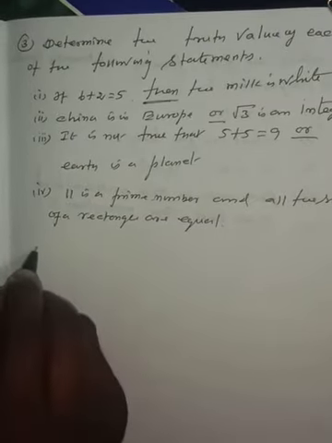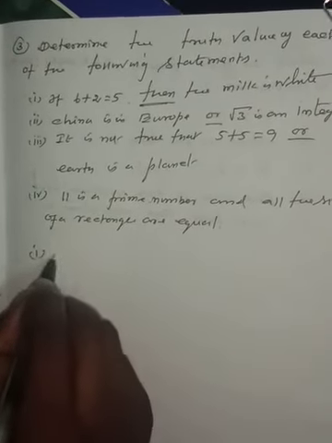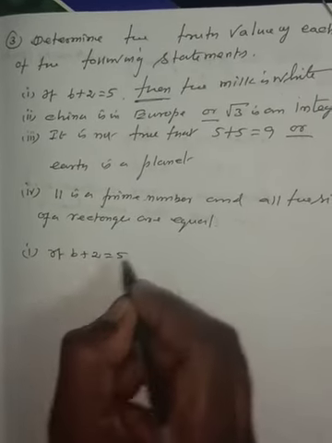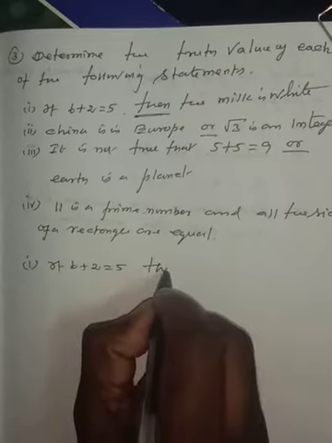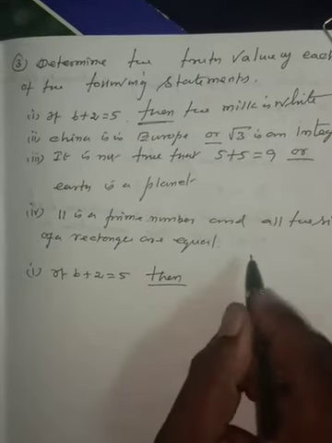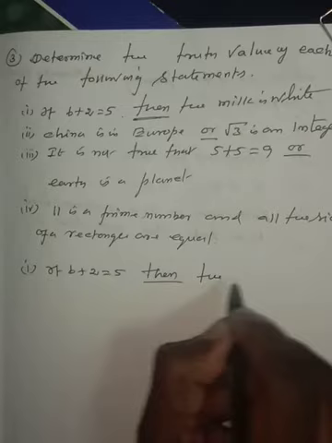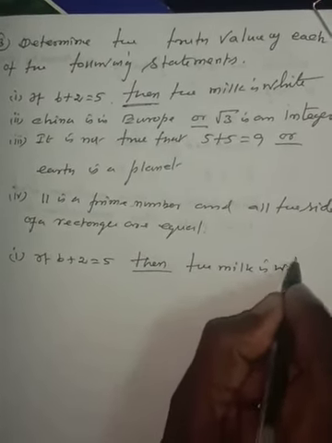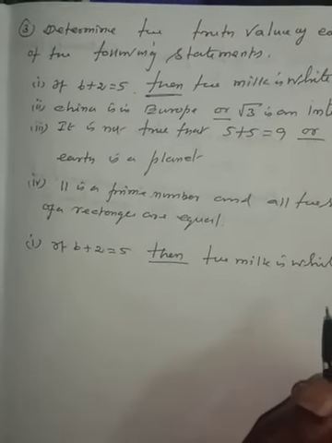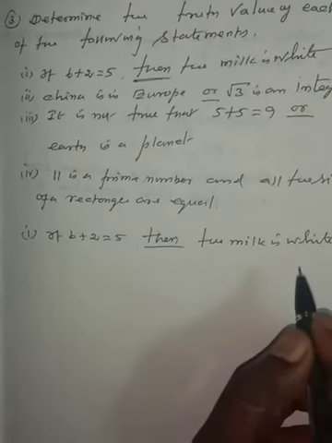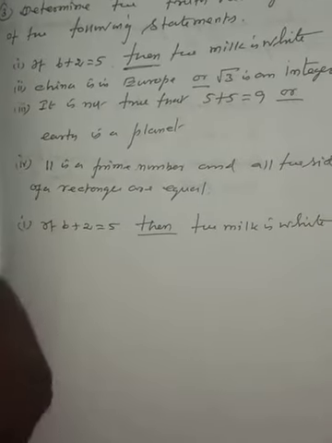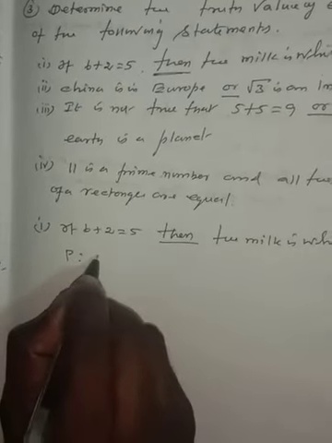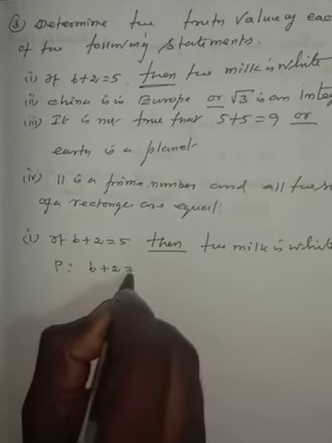Number 1, if 6 plus 2 is equal to 5, then the milk is white. Postulate number 1, P is 6 plus 2 is equal to 5.